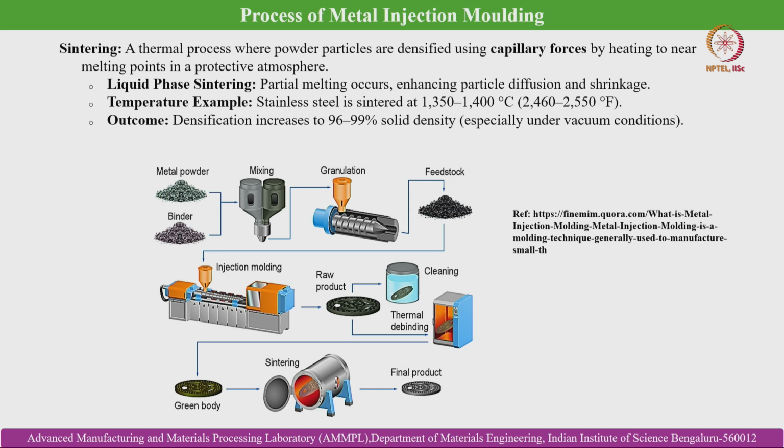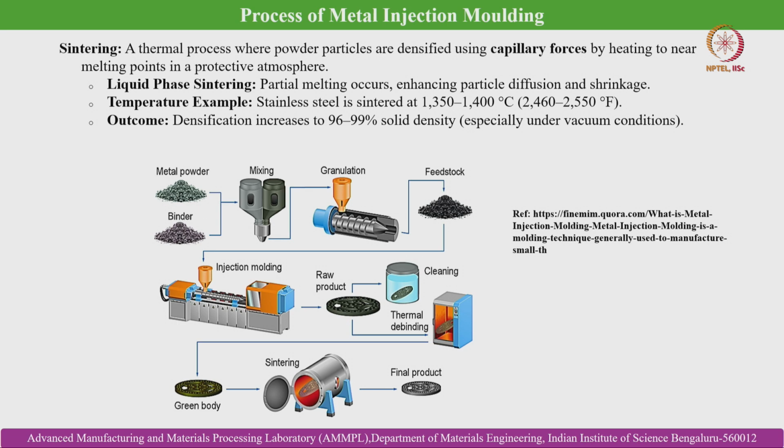However, for the sintering stage it may not be necessary to create the gas environment. However, in case of metals, they are very much prone to get oxidized. So, the sintering has to be performed in an inert gas environment or in a vacuum environment, which is a key difference between metal and ceramic injection molding.